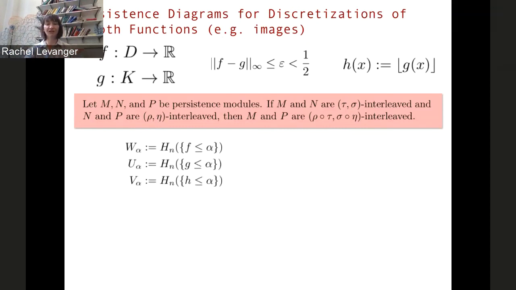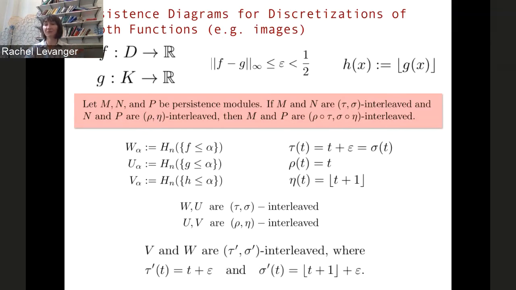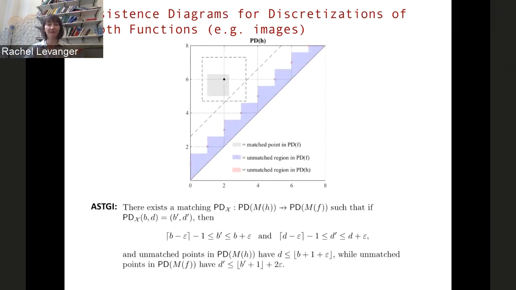And so we can chain these two steps of approximation together, compute what tau and sigma are, what rho and eta are, and then use essentially this calculus to combine them and compute what the exact interleaving is going to be. And the picture that comes out from this two-step approximation looks more like this.